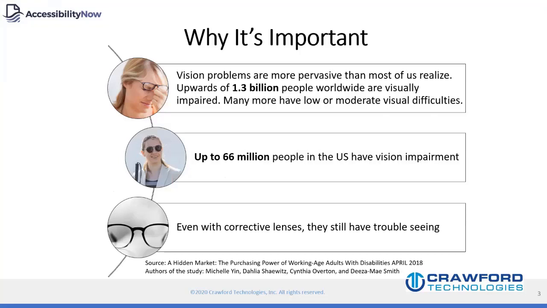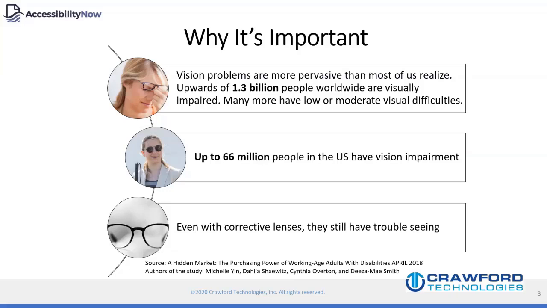Well, it's not really a difficult question to answer, is it? Because if you consider the amount of people in the world that are visually impaired, 1.3 billion is not a small number, and it is only increasing. And a great deal more have visual difficulties. In the US alone, it is upward of 66 million people that have some sort of vision impairment.